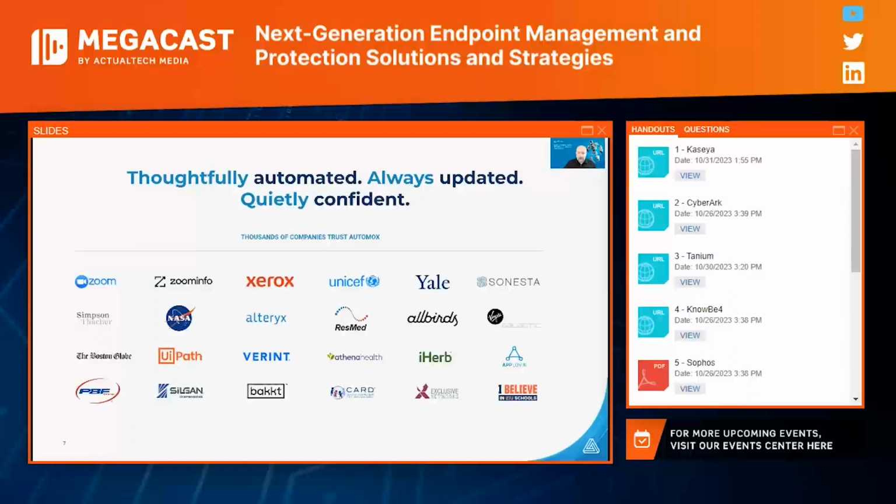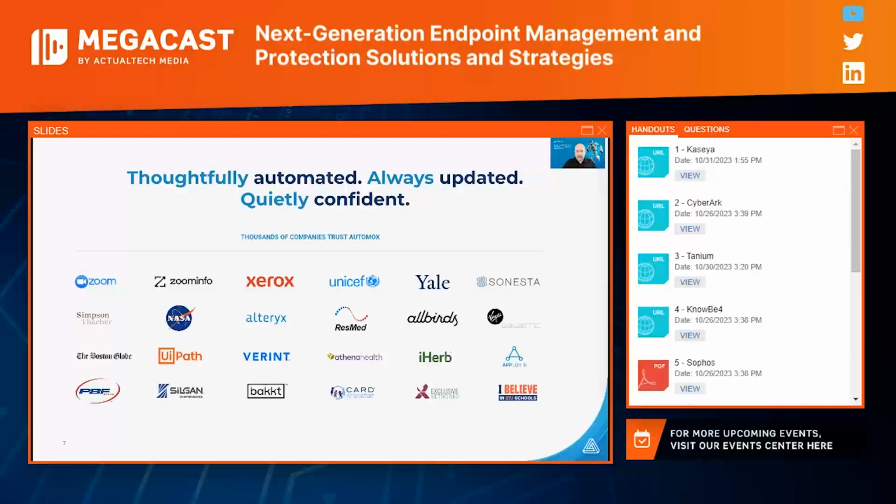We have a lot of trusted customers, thousands of them, and it's really been fantastic during my time at Automox to watch our community grow and to see all the good that we've done for a variety of different organizations. So we have Fortune 500 companies, we have small and medium businesses, we have schools, municipal governments, charities.